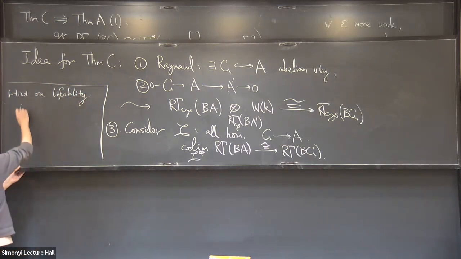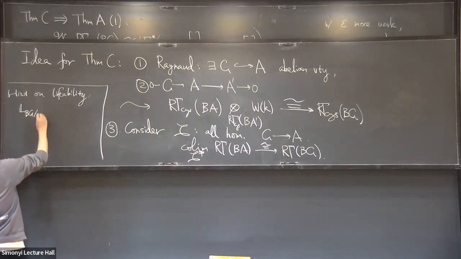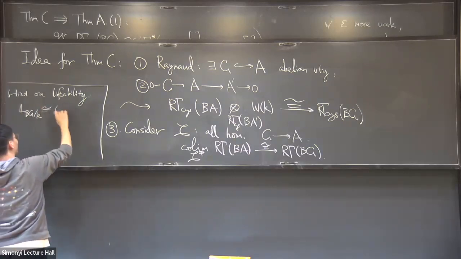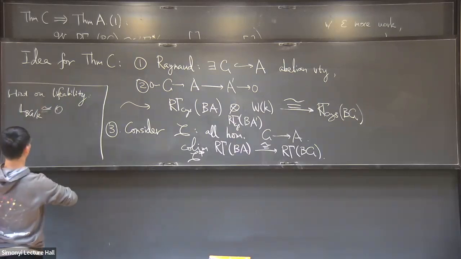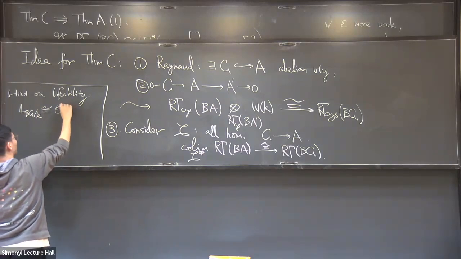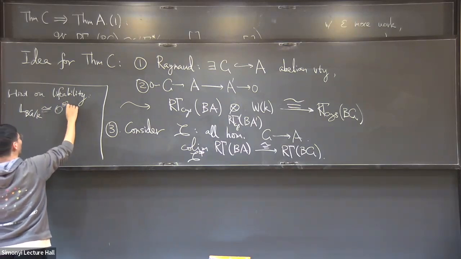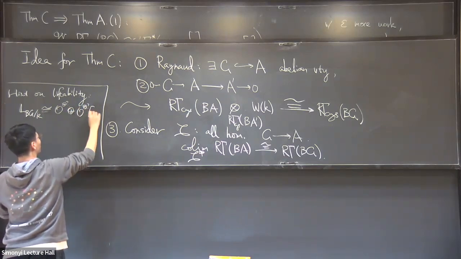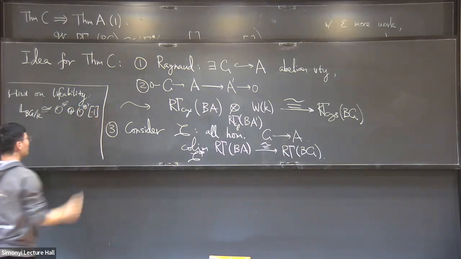This is just because the cotangent complex of BG relative to k is given by a bunch of structure sheaves, a direct sum, a bunch of them shifted by -1.